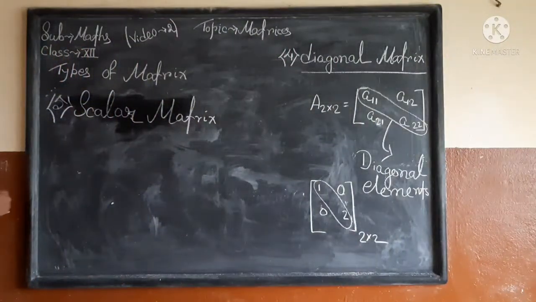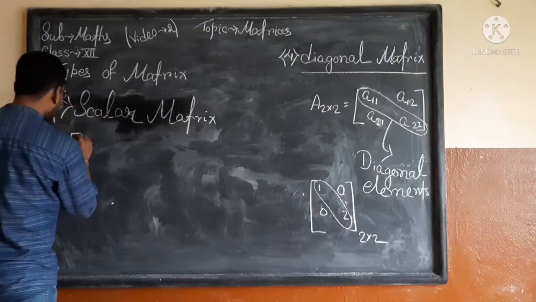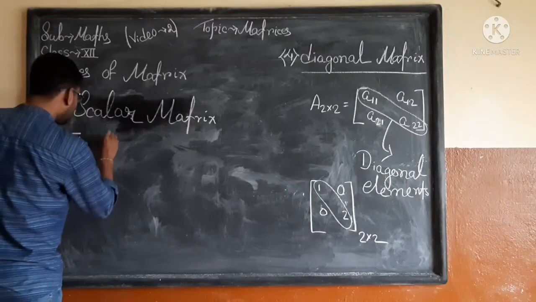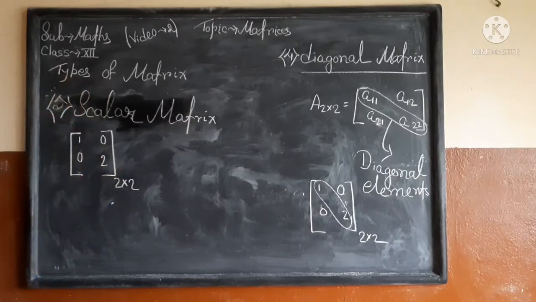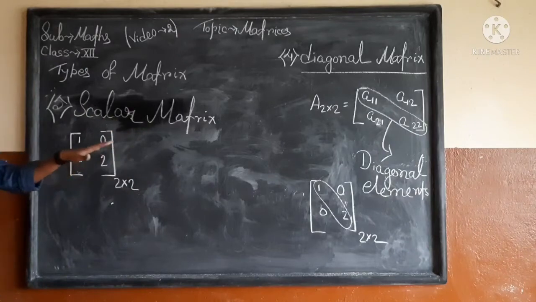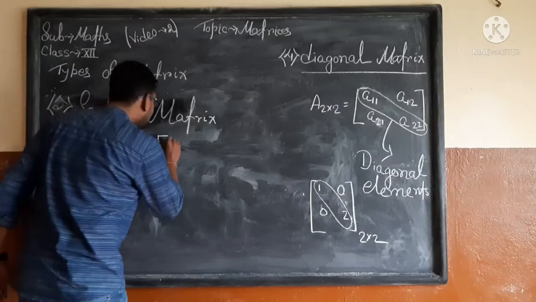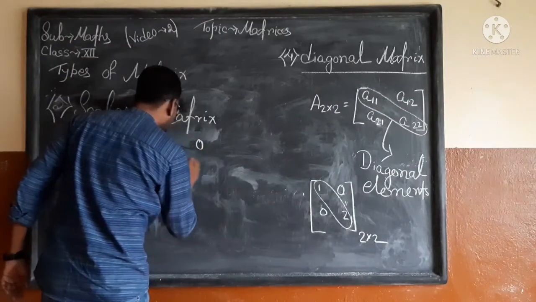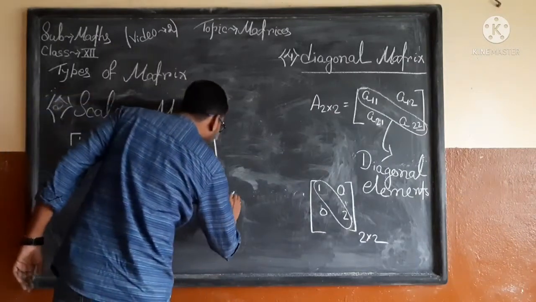If you consider a 2 cross 2 diagonal matrix, this is a 2 cross 2 diagonal matrix, but the scalar matrix is also a diagonal matrix with some restriction. That means this is the example for the 2 cross 2 scalar matrix.